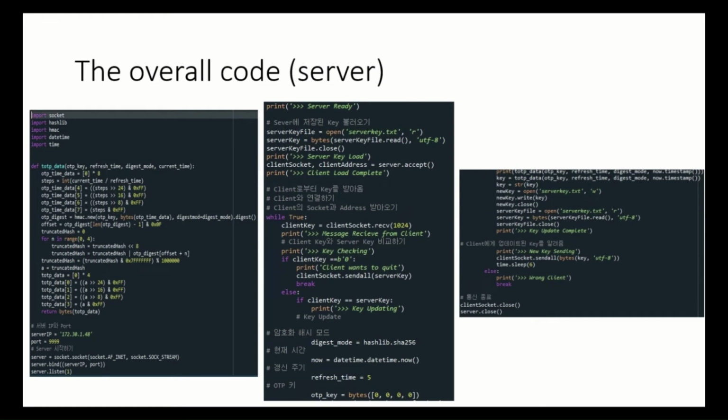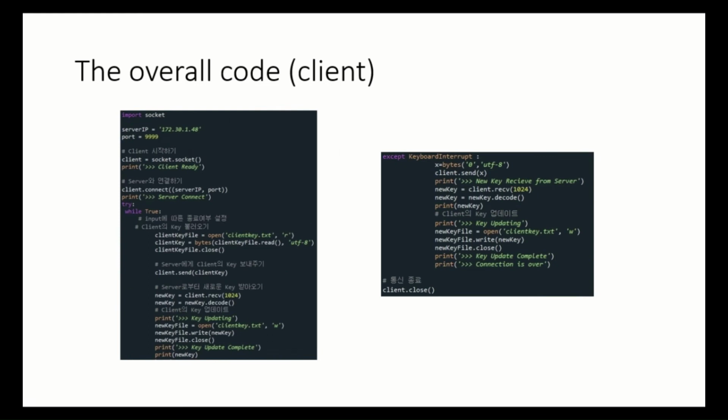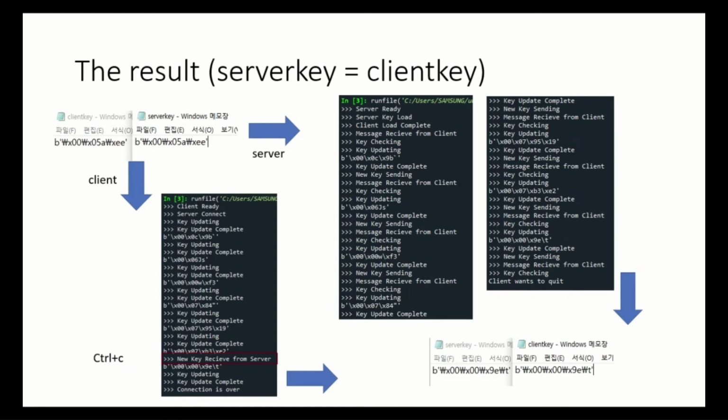This is the overall code of the server, and this is the overall code of the client. Let's analyze the result. The first case is when the server key and client key have the same value.